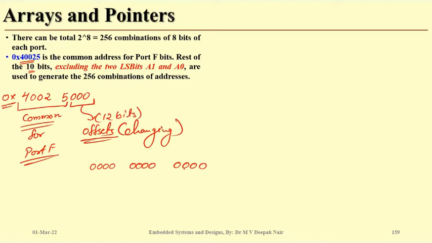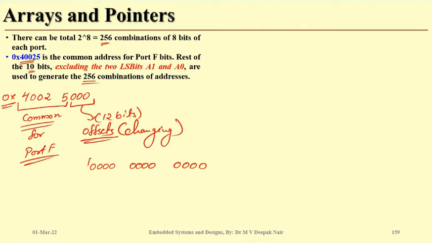Out of these 12 bits, 10 bits are used to generate these 256 combinations. Which 256 combinations? Because 8 bits are allowed for changing the values. So why only 10 bits are allowed? We will come to that.